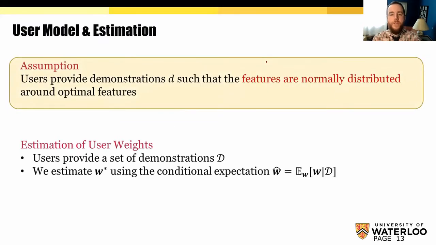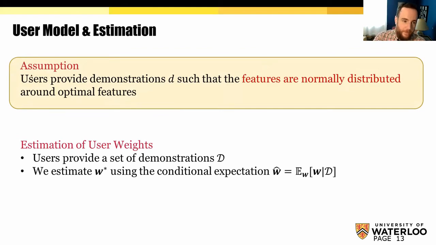The problem with the problem statement stated earlier is that it assumes that a true user weight W star is known. This is often not the case. A user may not be able to say what their true user weights are. Moreover, if they provide demonstrations, the demonstrations may not reflect their true optimal user weight.